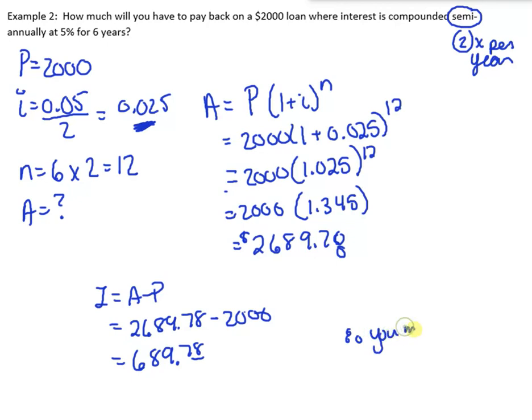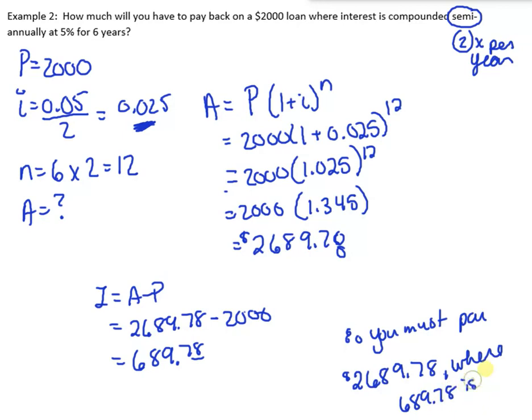You must pay the entire amount, $2,689.78. And $689.78 is the amount of interest.